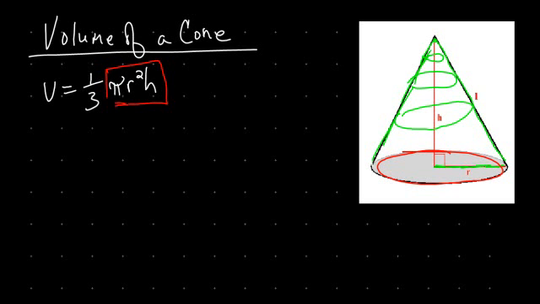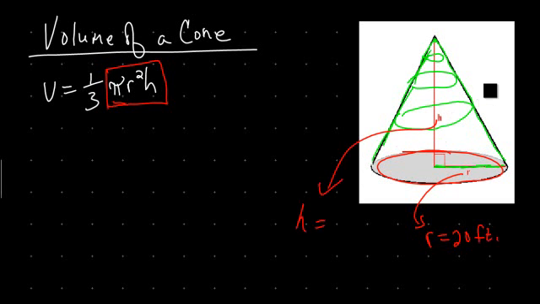So let's look at an example here. Let's say we assume that our radius is 20 feet, and we have a height h equals, I don't know, let's say 15 feet.